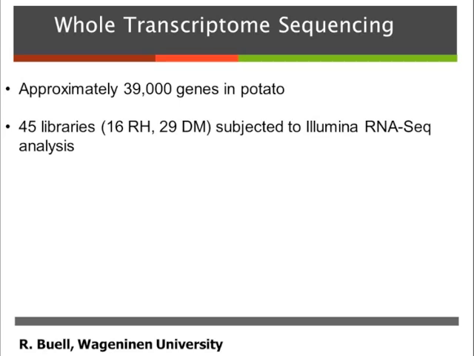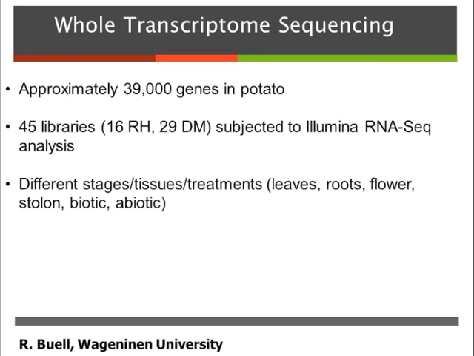So there's a lot of different stages of stolons and tuber development. The double monoploid libraries are more focused throughout the life stages and also on abiotic and biotic stress. So it's a nice collection of expression data for the genes in the potato genome.